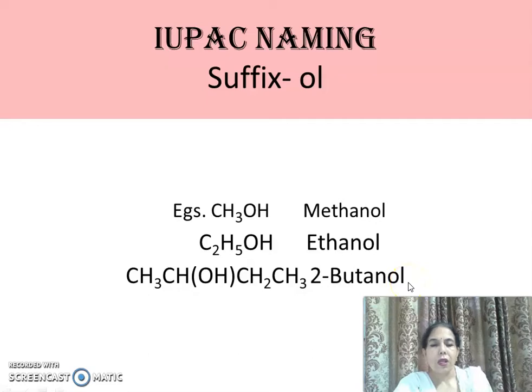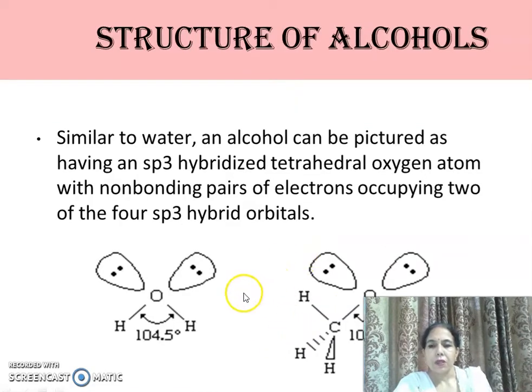But the question is, the OH group is attached to which carbon atom? It is attached to the second carbon atom, so it is 2-butanol, or we can also write butan-2-ol. Both are correct.